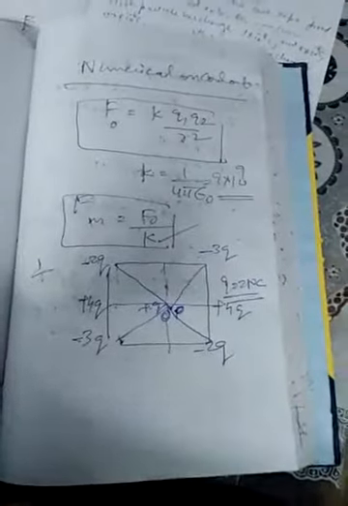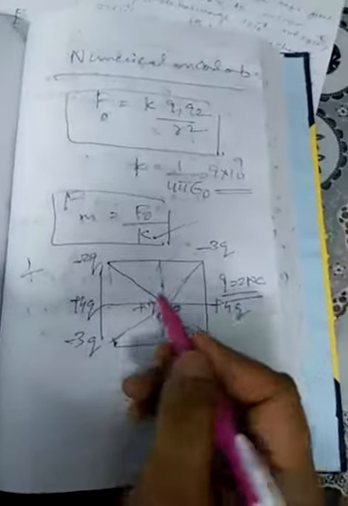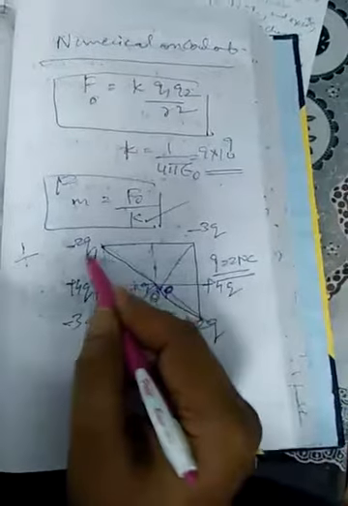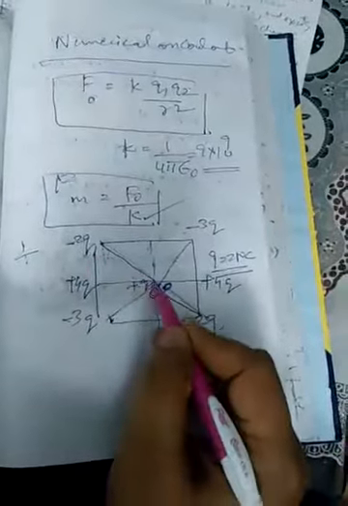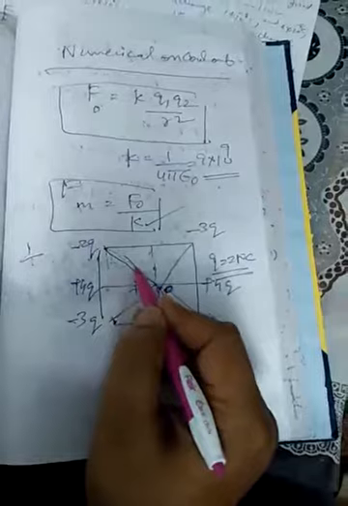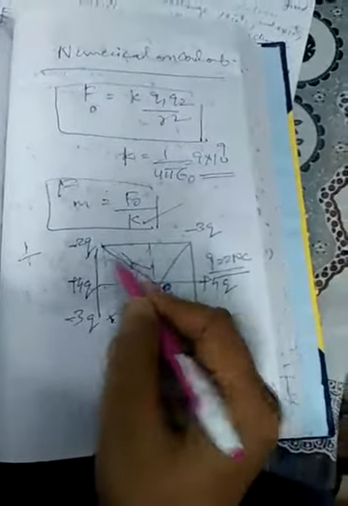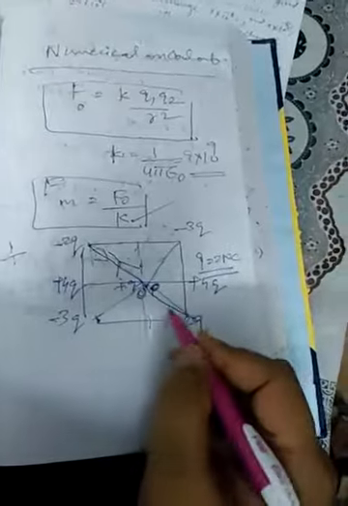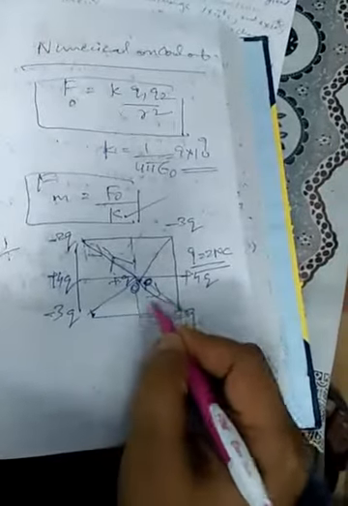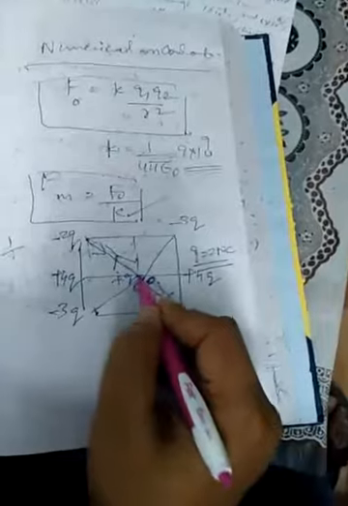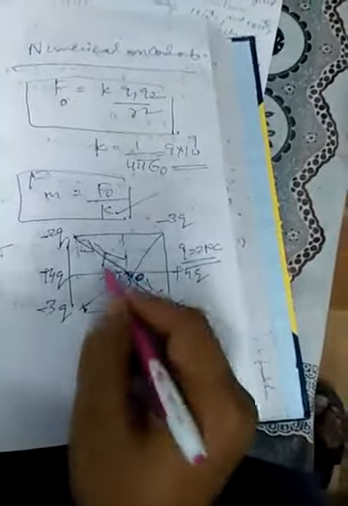For that we have to first of all take the diagonals. Let us say this diagonal is being taken. Here the negative charge is there, here the positive charge is there. So here the force of attraction, here the force of repulsion is there, and again here the force of attraction. So to this side and to this side, opposite forces are going to be acting.